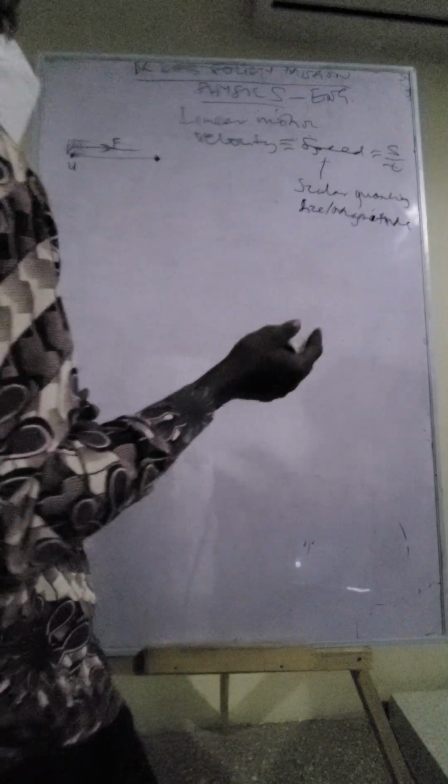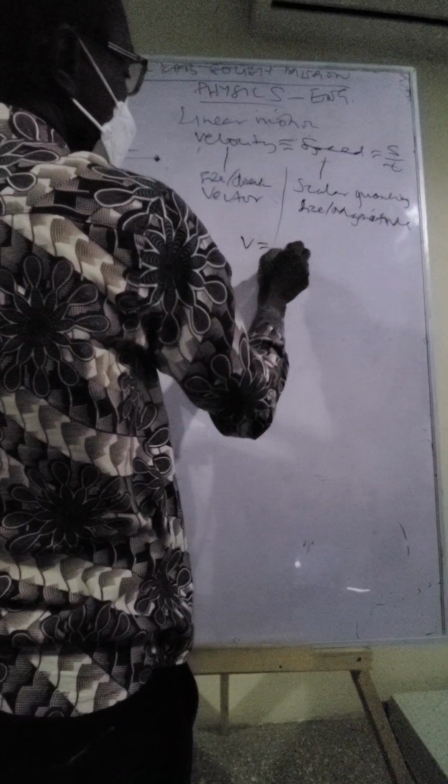A scalar quantity means we are not looking at the direction; it just has size or magnitude, but no direction. Velocity has both size and direction, so it is called a vector quantity.